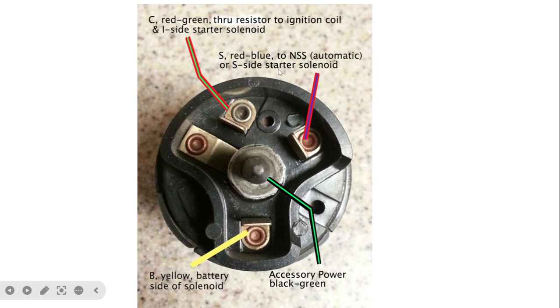This one is for the starter or ignition coil, this one is connected to the battery side of the solenoid, and this one is for accessory power, black green. This black green wire is used for powering the accessories.